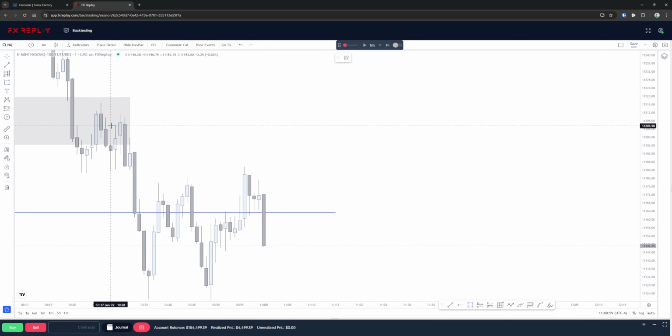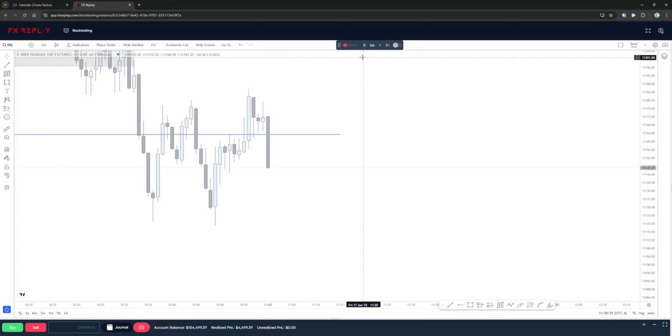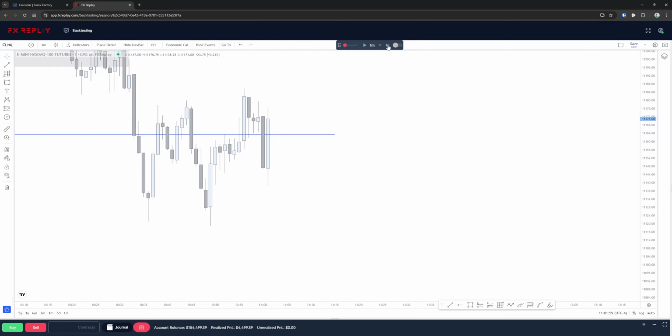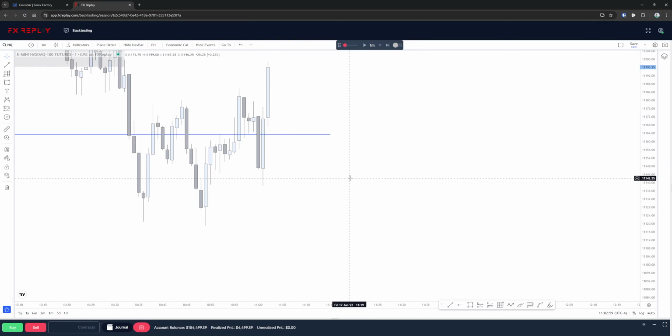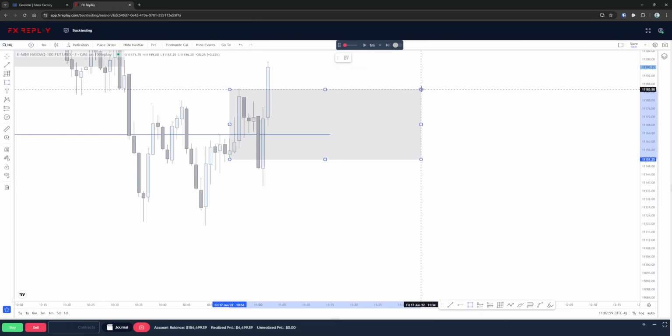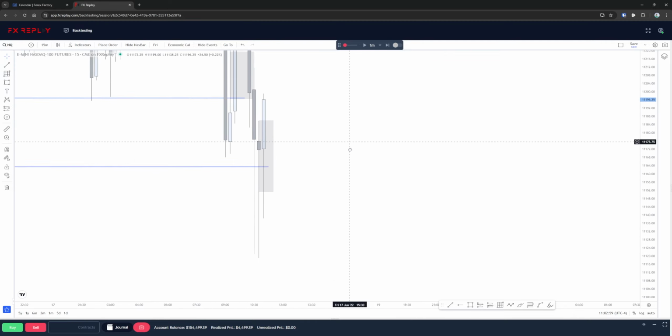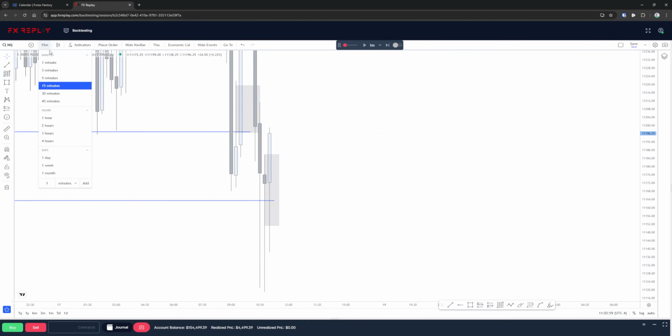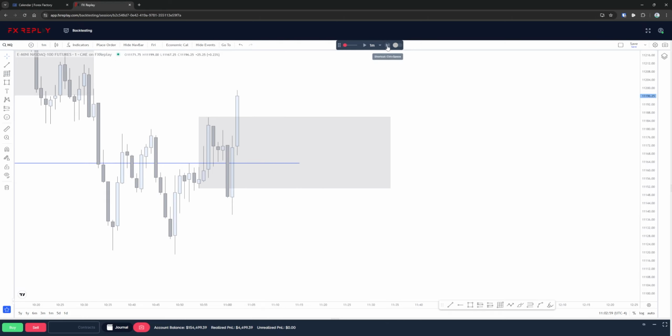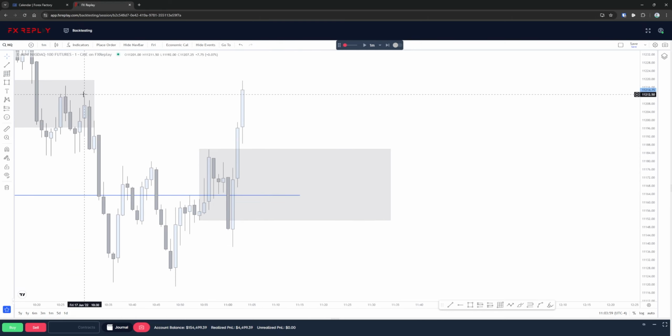And it looks like we tapped this. That's not a breaker block, sorry. So yeah, it's now 11 p.m. Getting displacement out of this breaker block.